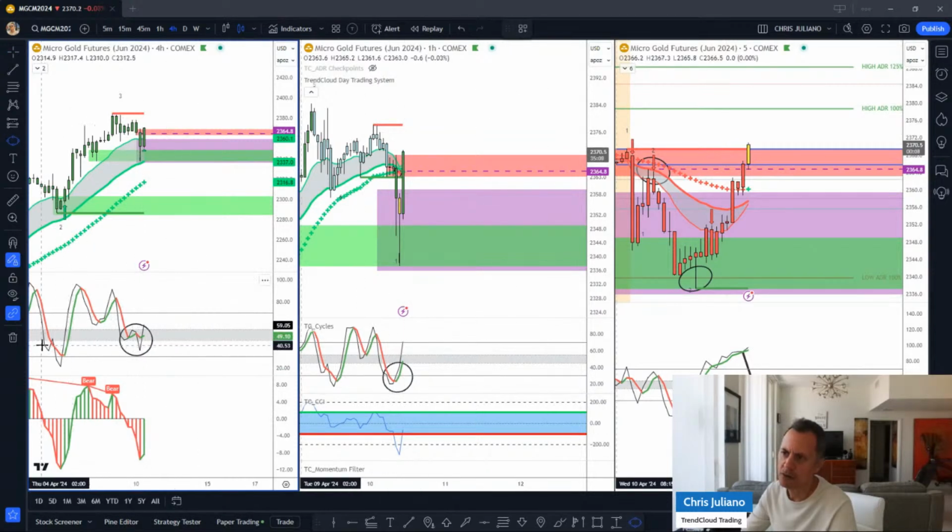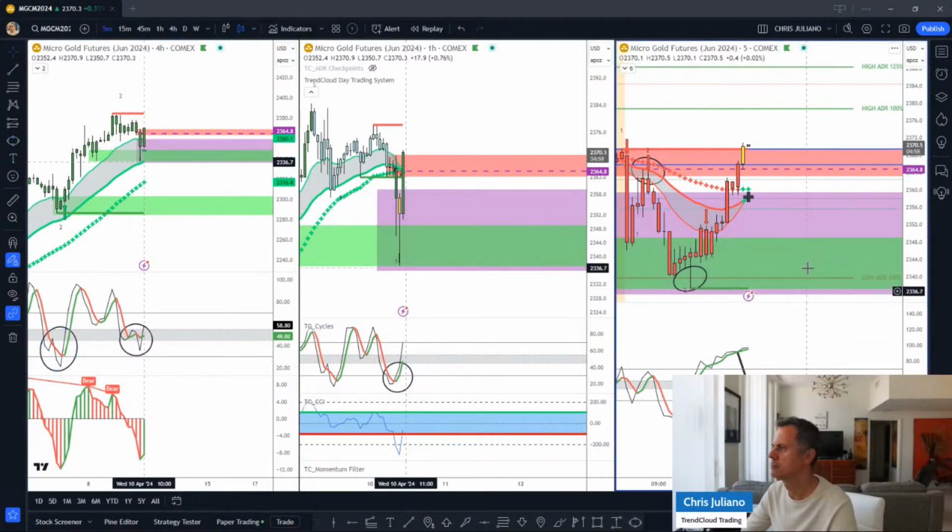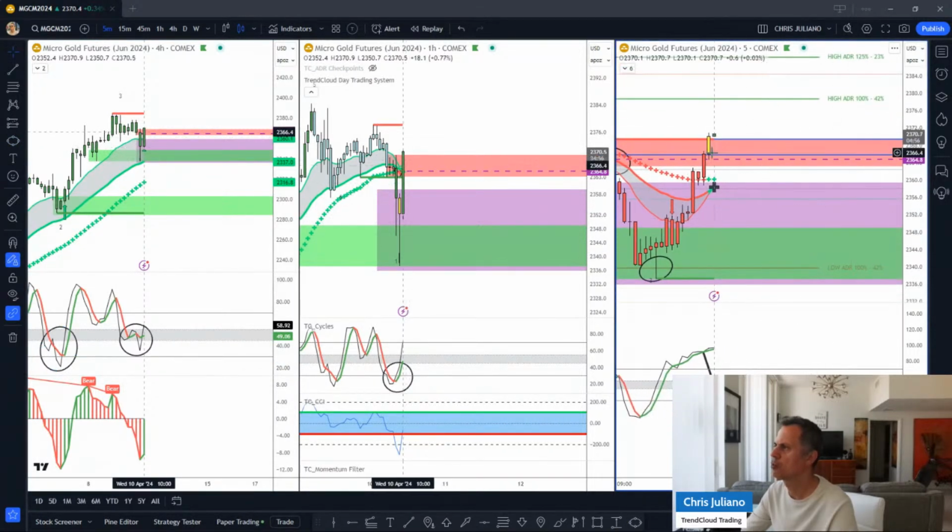Double cross right there. What do we get? TrendCloud signal, move up. Green candle. Breaking above the trend cloud on the middle time frame.